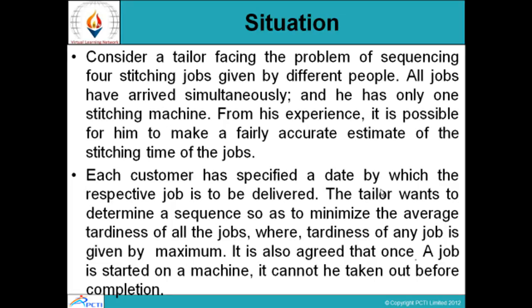The tailor wants to determine a sequence so as to minimize the average tardiness of all the jobs, where tardiness of any job is given by maximum of 0 and lateness. It is also agreed that once a job is started on a machine, it cannot be taken out before completion.